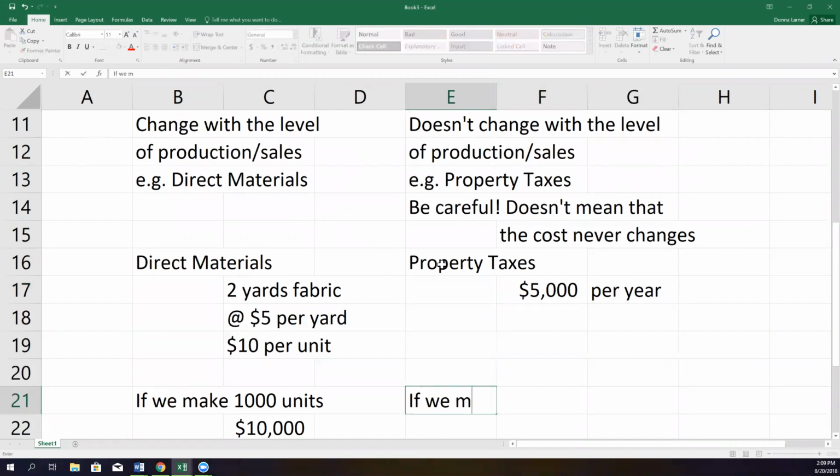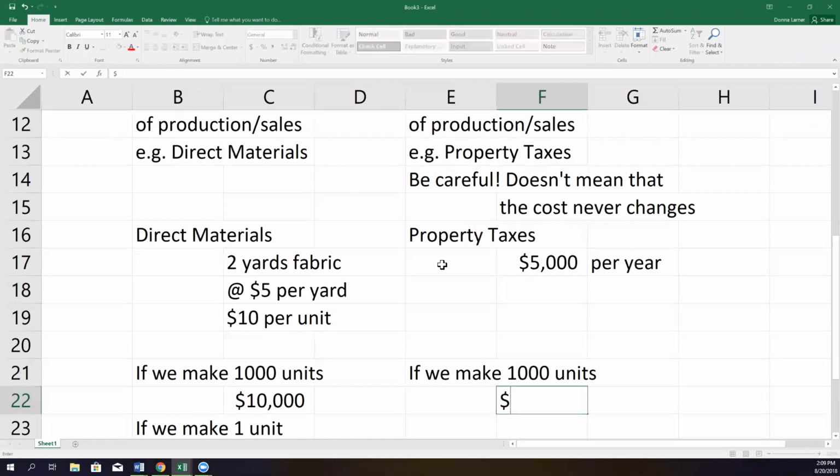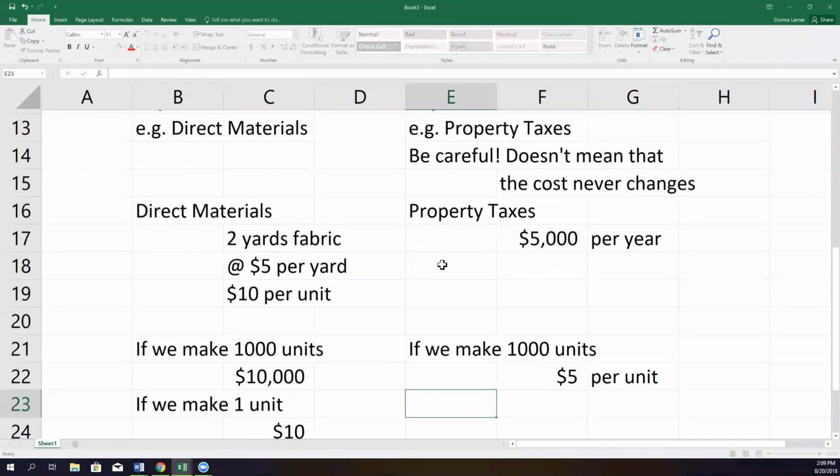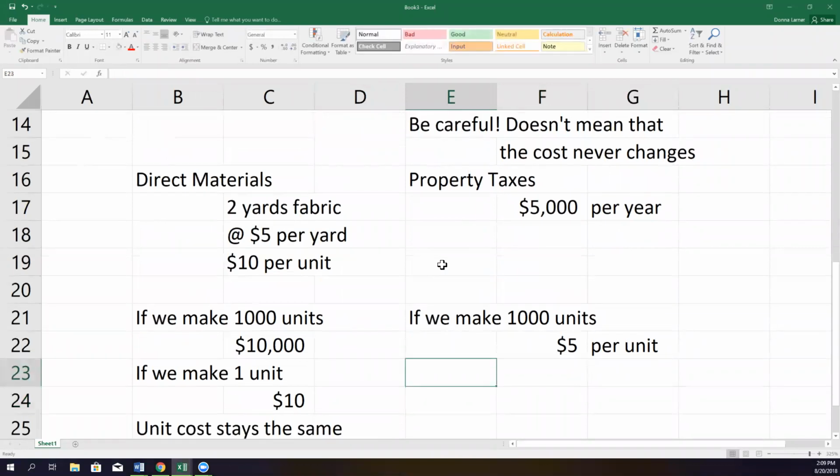Down here, if we make 1,000 units in that year, then we could say it's $5 per unit in property taxes. I know it's kind of weird to allocate the property taxes per unit, but that's really what we're doing. We're looking at how many units and how much of each unit has to go to cover property taxes.